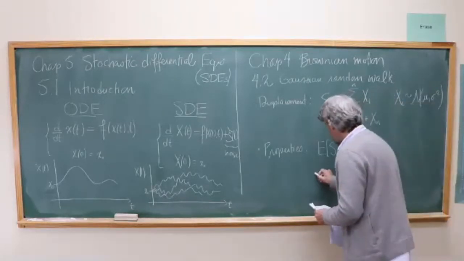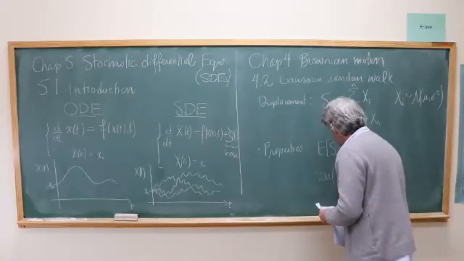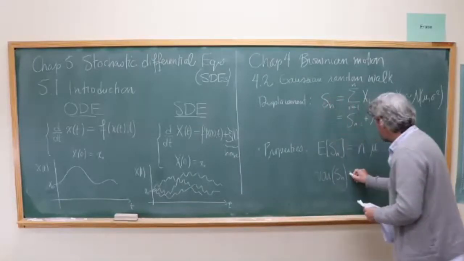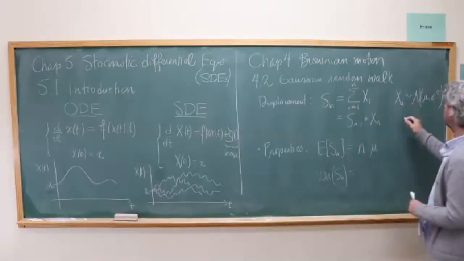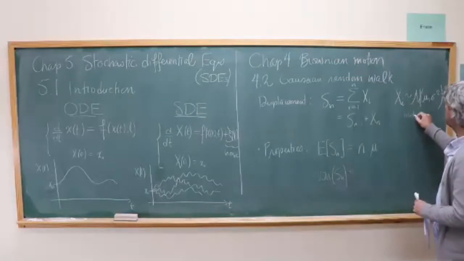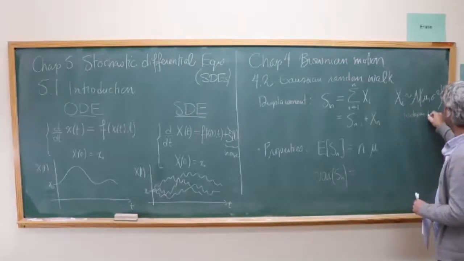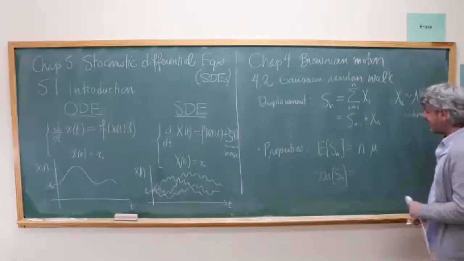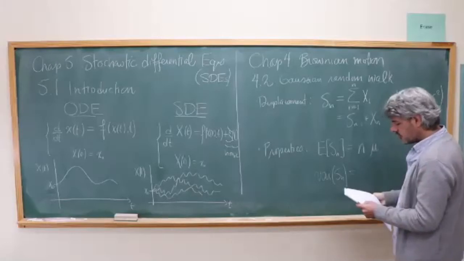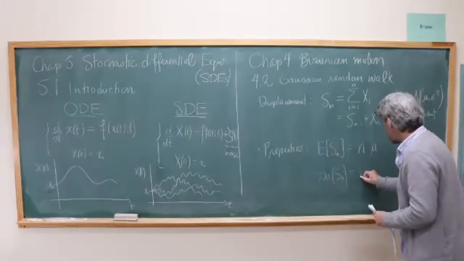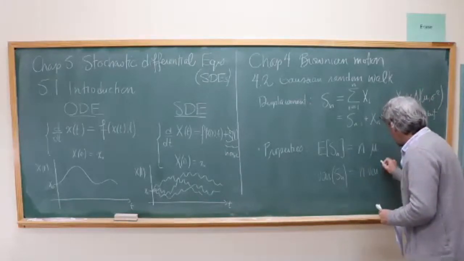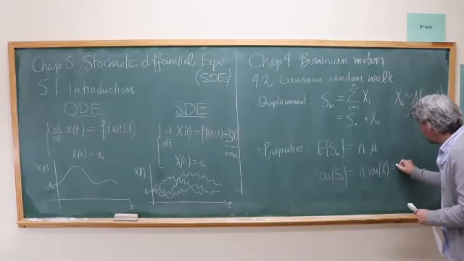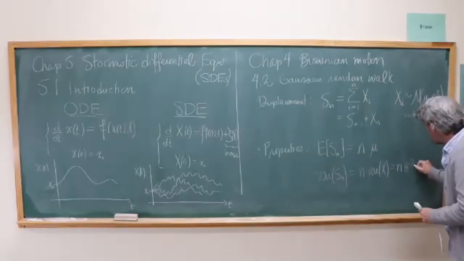And it also has a variance. Because we're dealing with independent jumps, I should have said this here, they are IID, identically distributed and independent. The variance of the random walk is n times the variance of each of the jumps, so it's n times sigma squared.